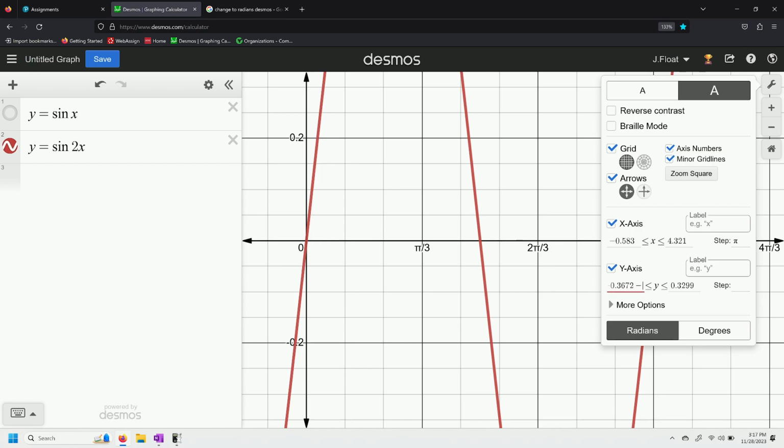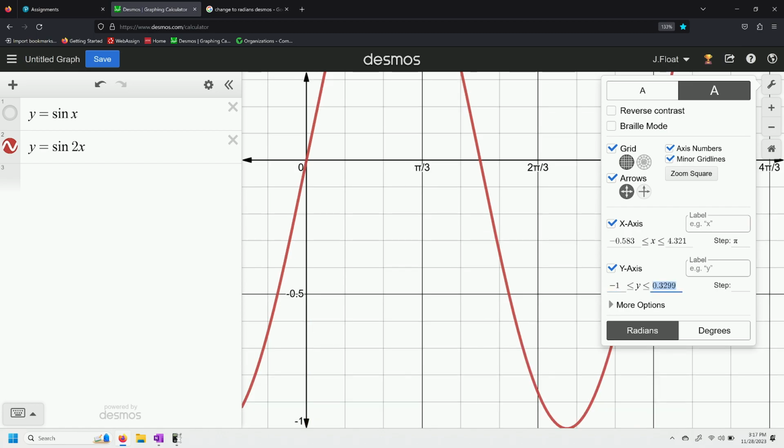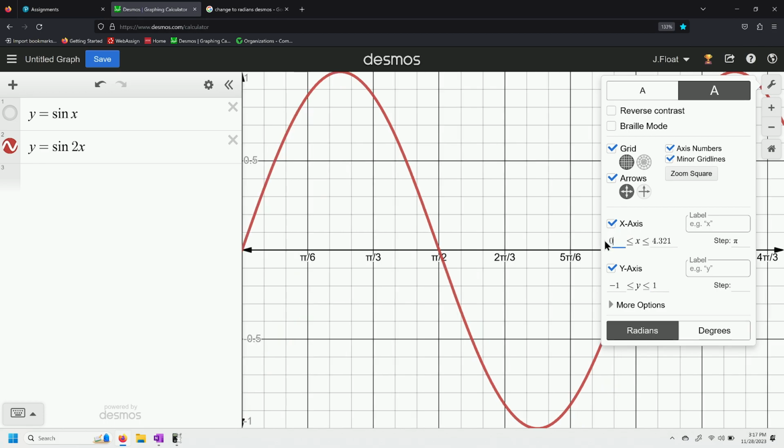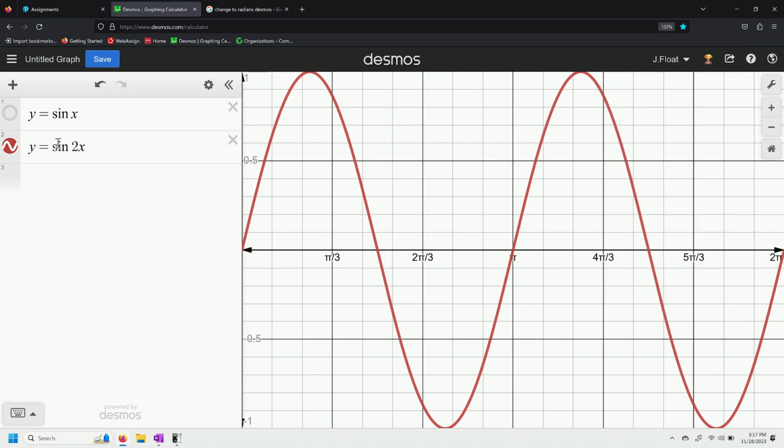So this looks really nice. So we're going to go from -1 to +1 in the y direction. And then 0 to 2 pi in the x direction, okay? So this is y equals sine x.